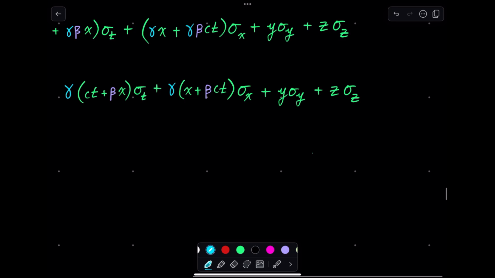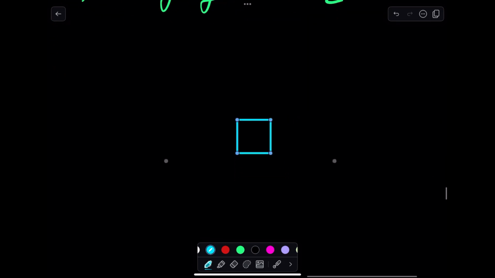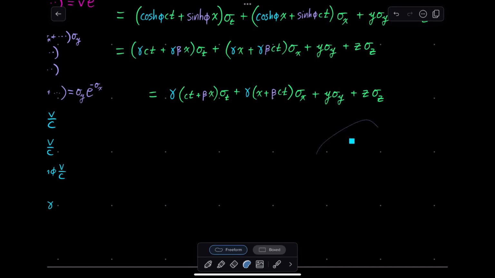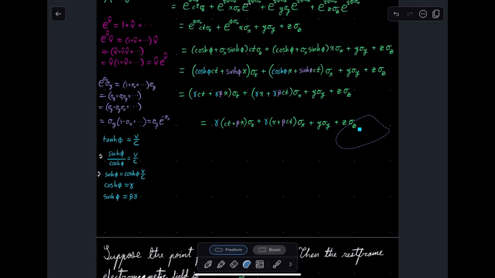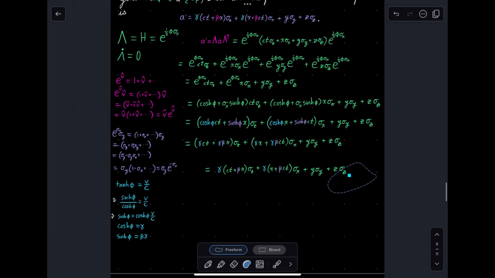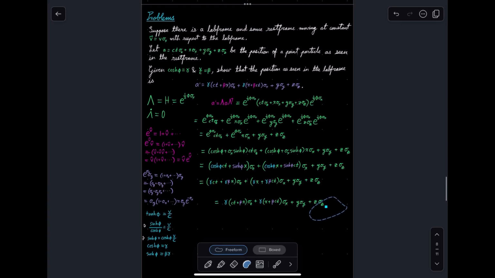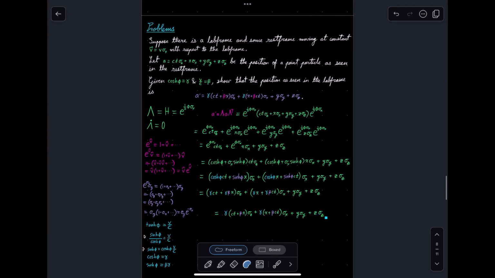And this is the proof. So I'm going to put an end of proof QED symbol right here. So this right here is the problem and its solution.